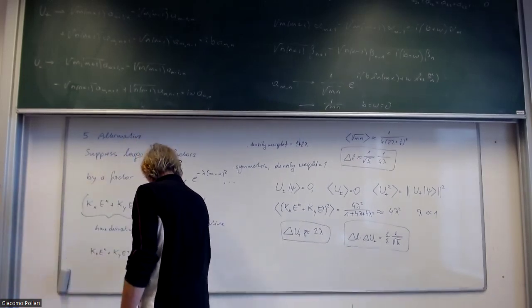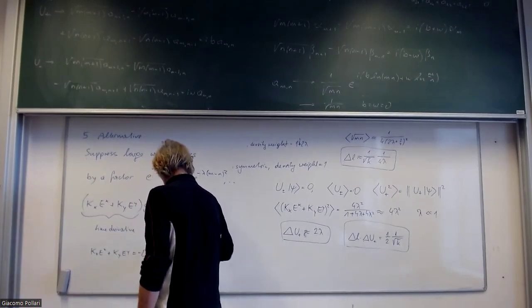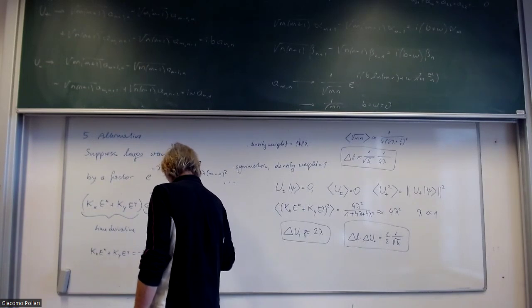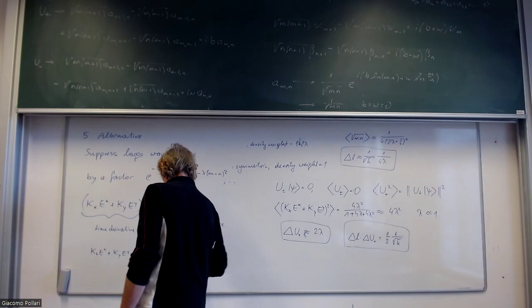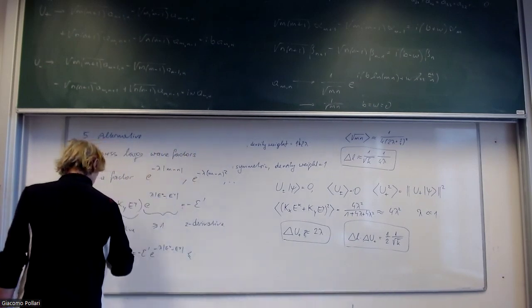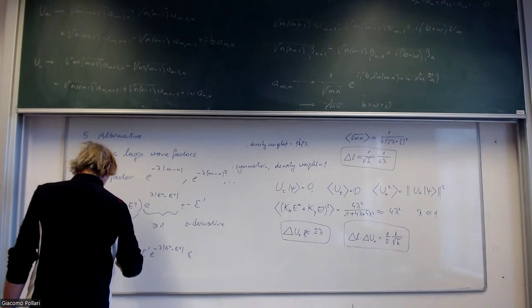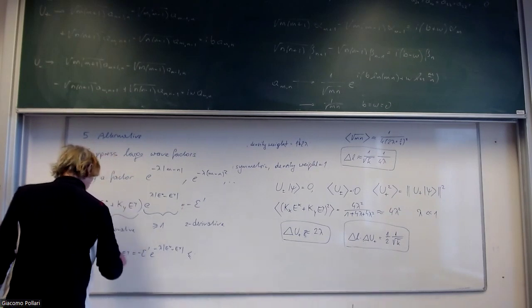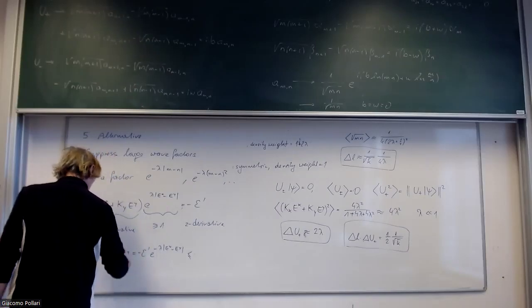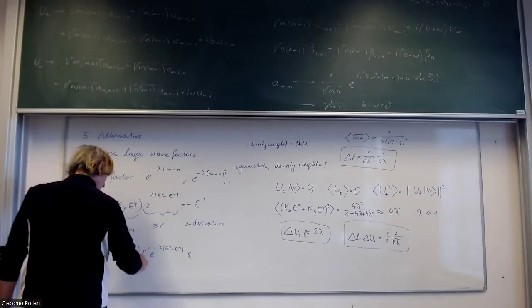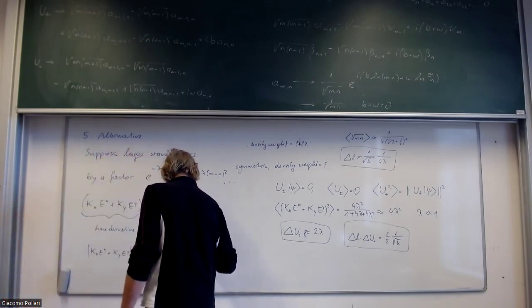So now the time derivative is smaller, and we get a factor less than 1, the absolute value is smaller than the absolute value of e prime.